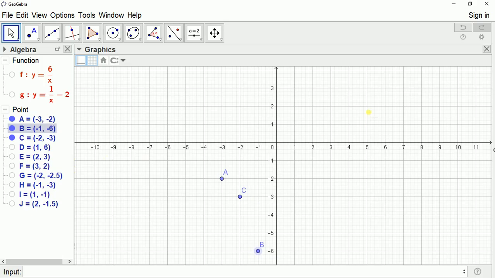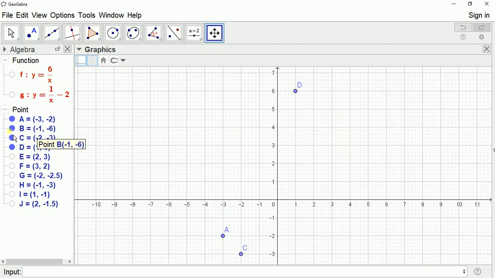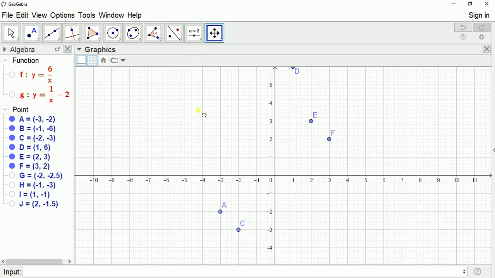We're now going to the other parts on the calculator, and our 0 was undefined. Remember, we've got 1, a corresponding value of 6, and we've got 2 with a corresponding value of 3, and we've got 3 with a corresponding value of 2. We've got all the points in that quadrant.